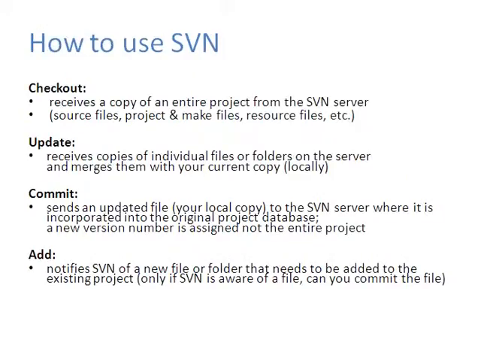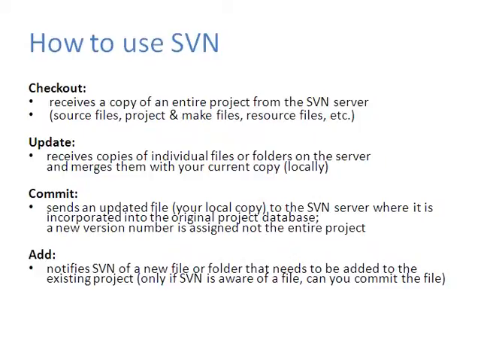Now I will tell you on the example of several commands how it works. Checkout receives a copy of the entire project from the SVN server: source files, project, make files, resource files, and etc. Update receives copies of individual files or folders from the server and merges them with your current copy.